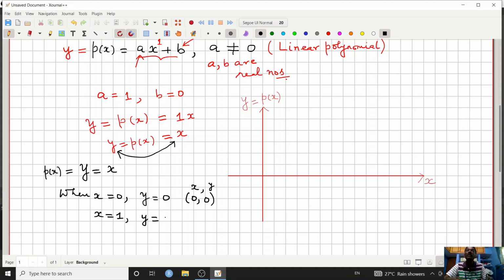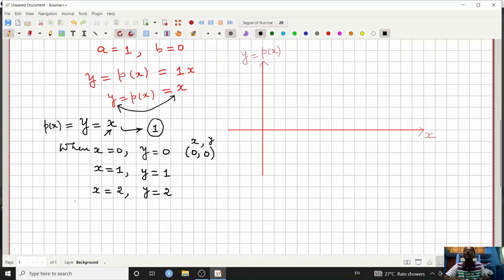When you substitute x is equal to 2 in equation 1, the value of y is also going to be 2. And you can give negative values also. So when x is equal to minus 1, y is going to be minus 1.